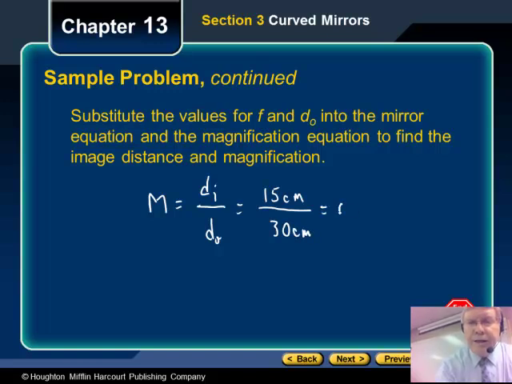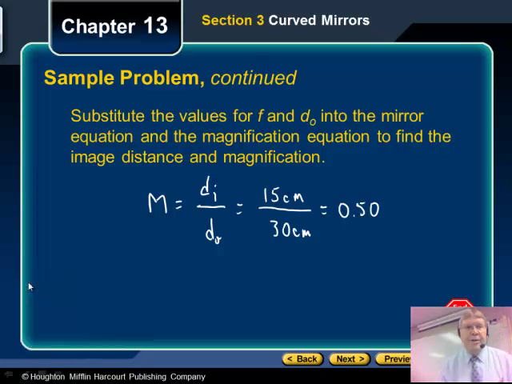And so we get 0.50 as our magnification. And because we're dividing centimeters by centimeters, this is a dimensionless number. Okay, so your magnification is always going to be just a plain number. There's no dimensions on that. But there you have it.